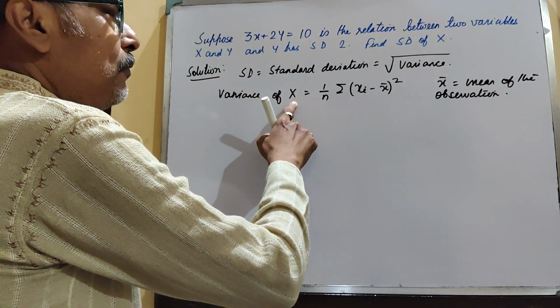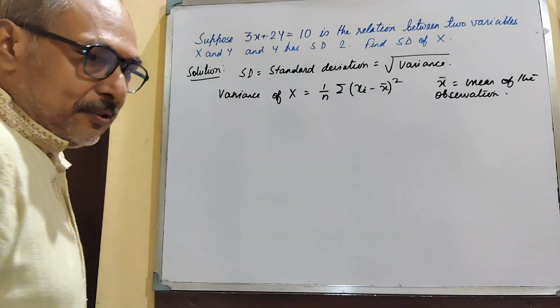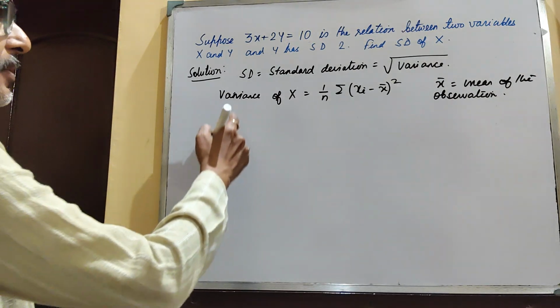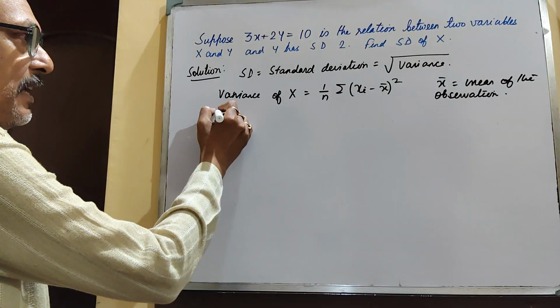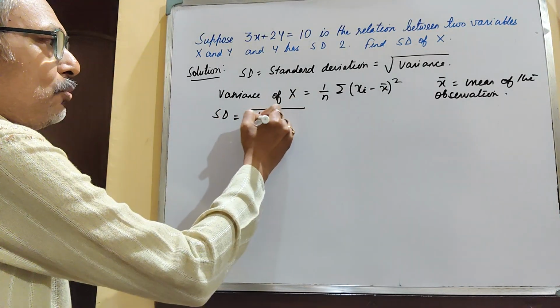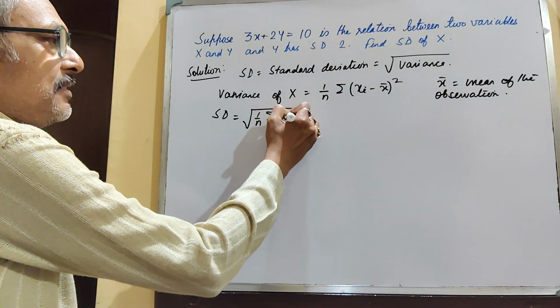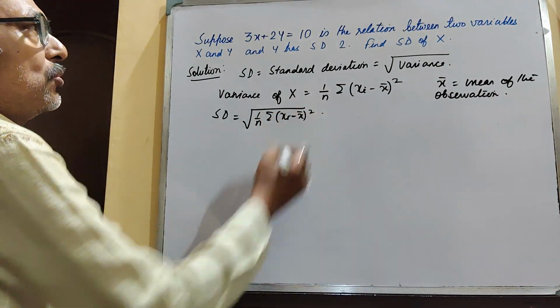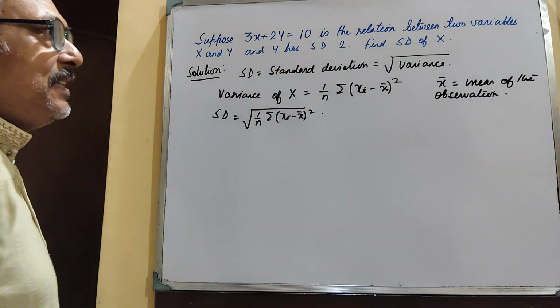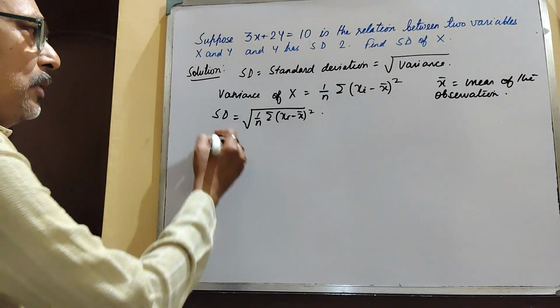SD of x is then the square root of 1 by n summation of (xi minus x bar) whole square. Now SD of y is given as 2.